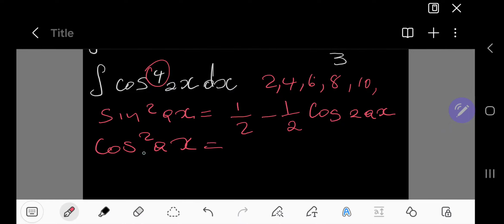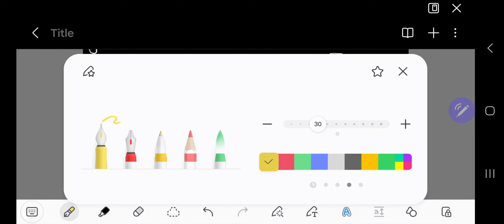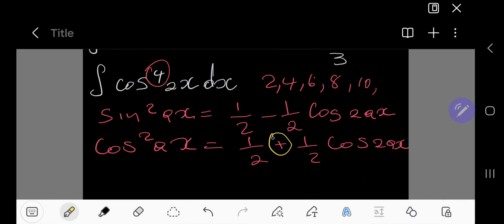Where were we? When given cos squared ax, we will use this one: plus 1 over 2 cos 2ax. The way I remember them is that if it's cos, it's going to be positive, plus.